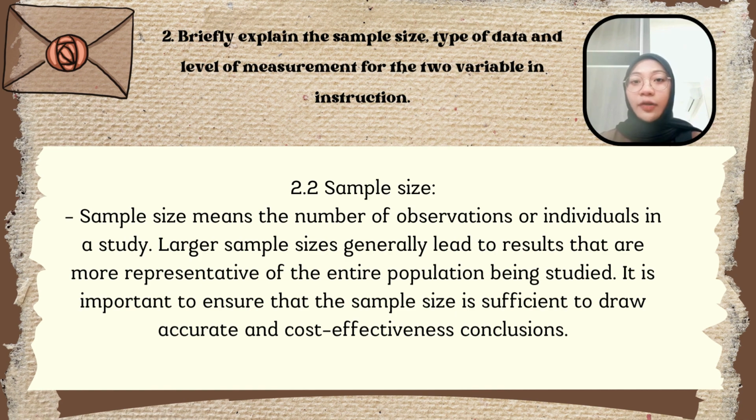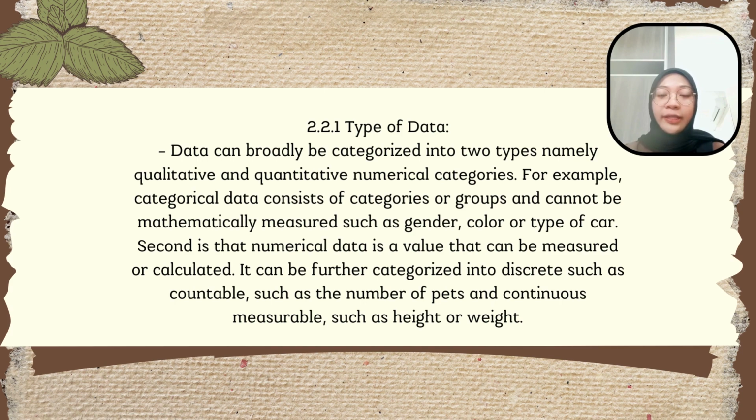Next, I will talk about section 2.2 on sample size, type of data, and level of measurement. It's comprehensive and provides a clear understanding of these key concepts in research methodology. The explanation of sample size emphasizes its impact on the representativeness of study results, while the distinction between qualitative and quantitative data, with a breakdown of numerical categories, enhances the reader's grasp of data types.